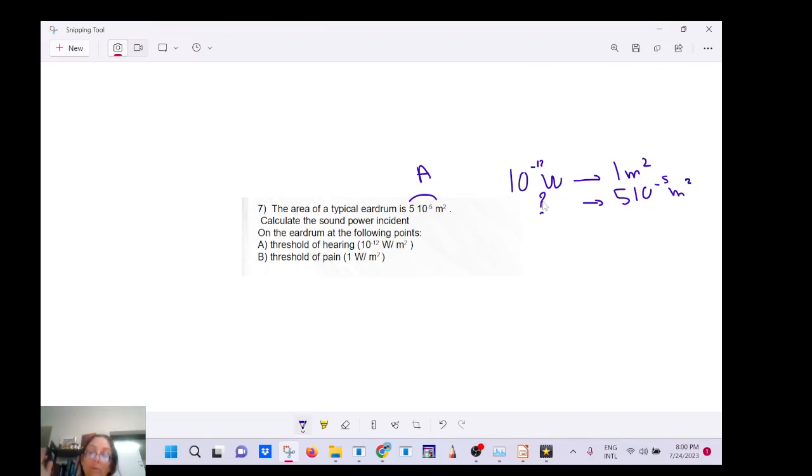It cannot flow through, but it's going to impact your eardrum. So you multiply here: 5 times 10 to the negative 5 times 10 to the negative 12 watts. So it's going to be 5 times 10 to the negative 17 watts.